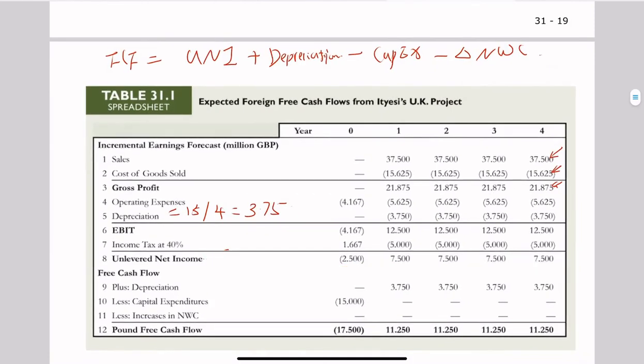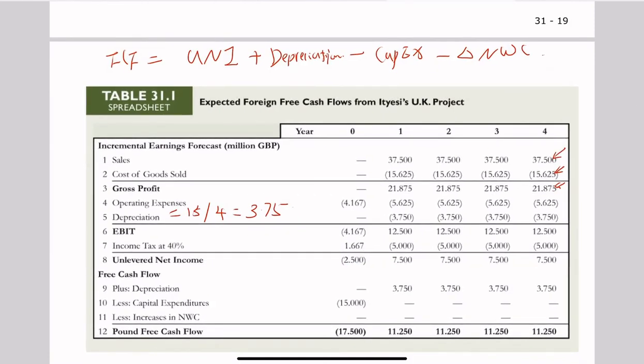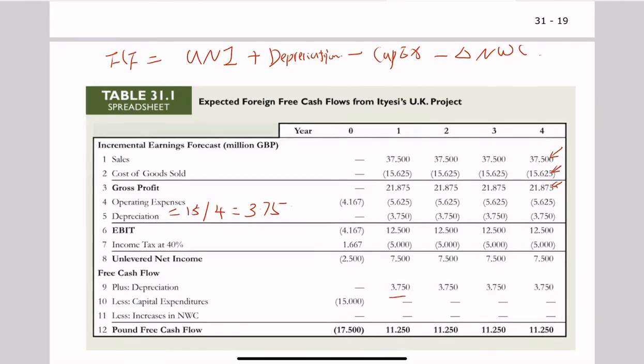Okay, and after getting the unlevered net income, we could make some adjustments to get the firm's free cash flow. So we would plus depreciation, which are just these numbers. And then we have to minus capex. And we know that the capex is 15 million pounds.